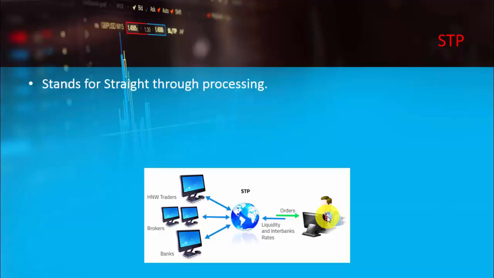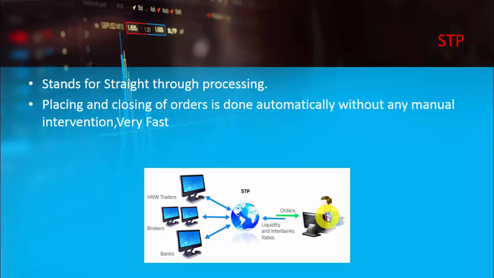Okay, it stands for straight through processing, and here placing and closing of orders is done automatically without any manual intervention. Okay, and here in an STP broker orders are closed and placed very fast. Okay, this is a good broker also, and here your orders are executed very fast.